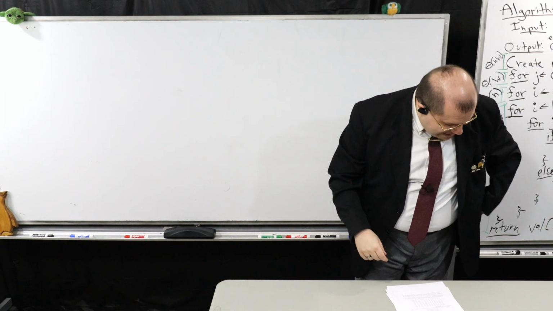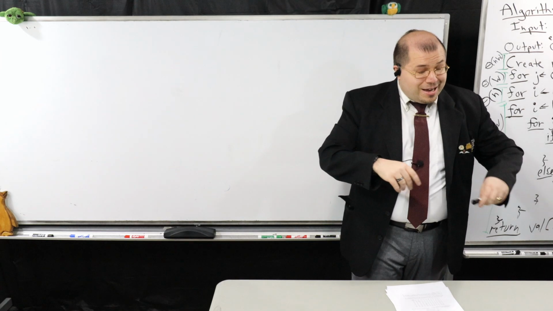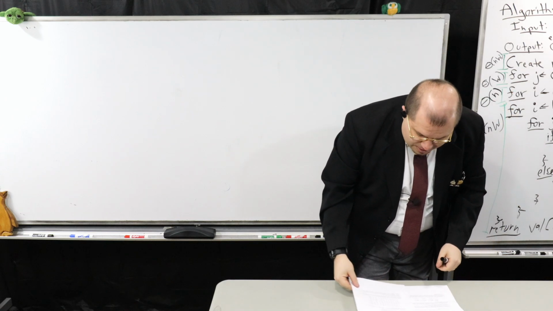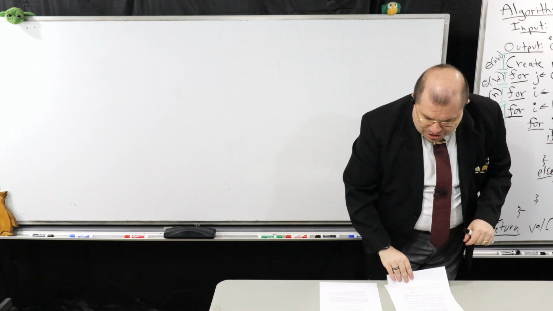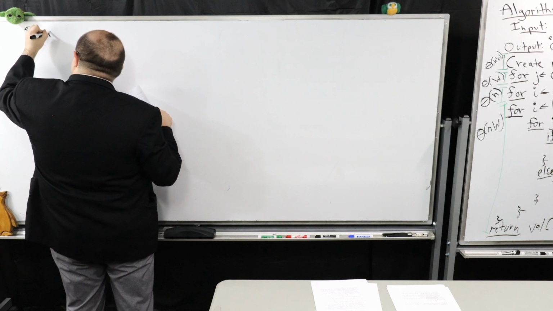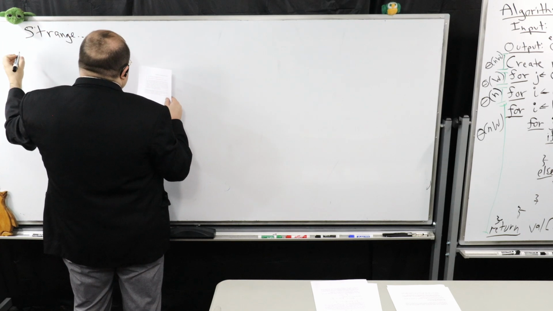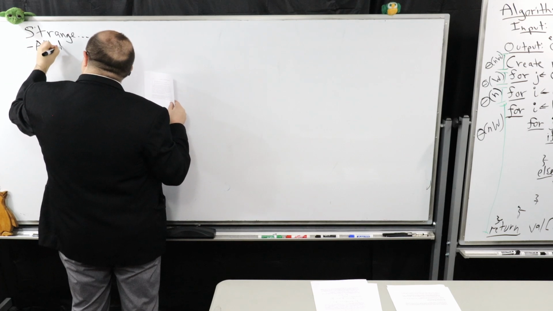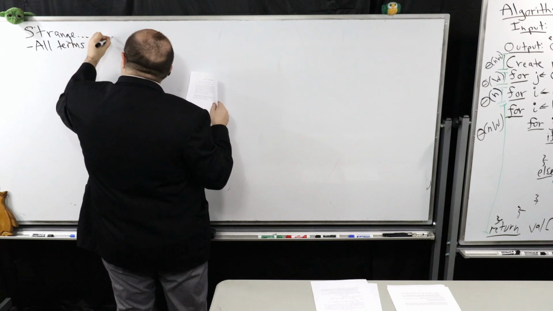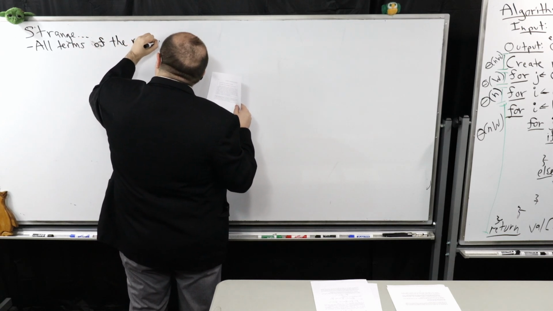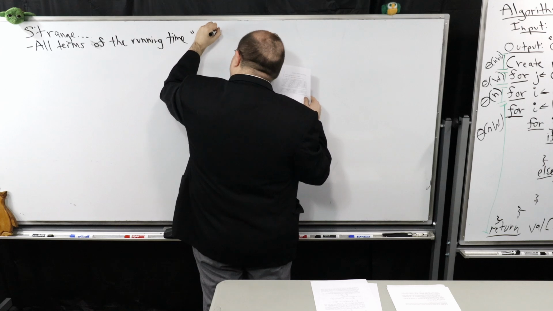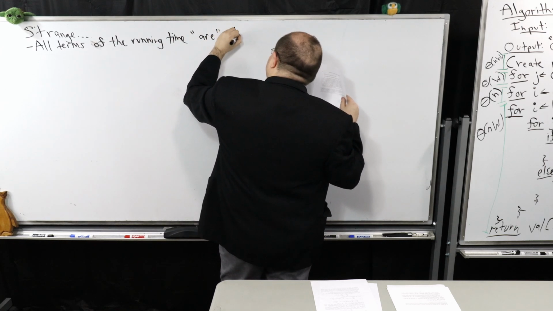So I like to show this example because, by the way, if you're thinking back to the beginning of class, I promised you I was going to show you an example like this. So this exhibits a very strange phenomenon. This is kind of strange, right? So all terms of the running time, and I'll put in quotation marks, are polynomial.